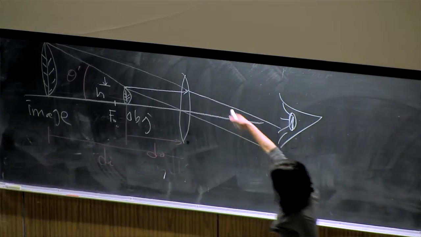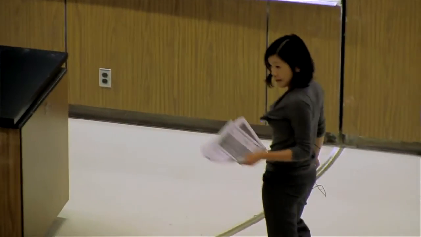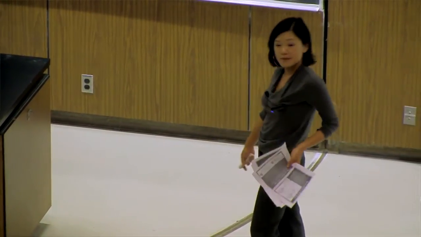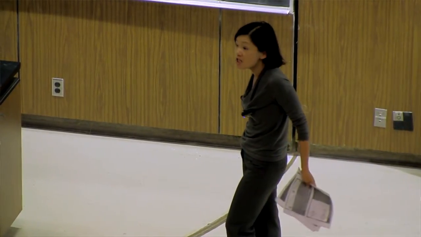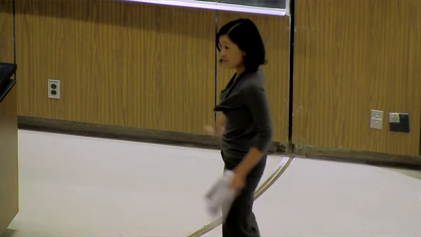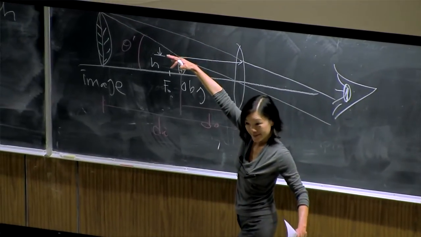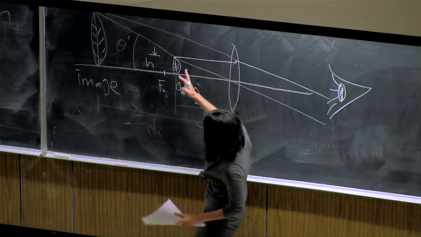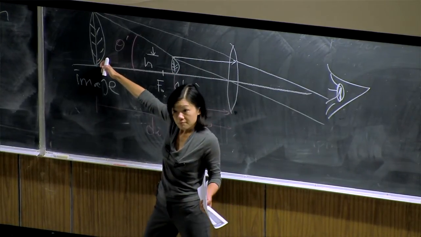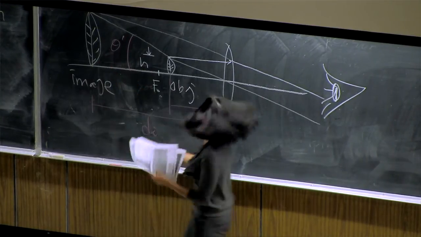So here, first of all, this magnifying glass is a convergent lens. Yes? So what type of image does it make? Is it a real image or is it a virtual image? Virtual, right? Because you have to extend this line, and that's where you get the image. Right, so this is a virtual image. Everybody agree with this? Yeah?